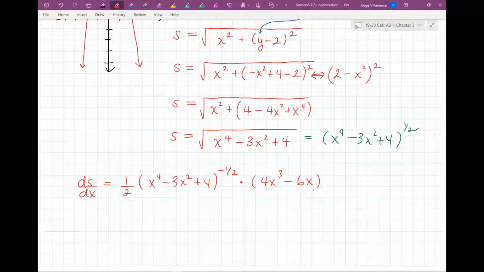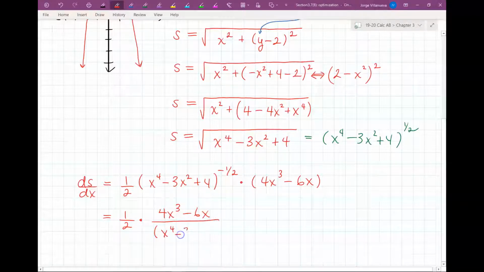Now let me rewrite it because, of course, I got to set it equal to 0. So I have, I'm going to put half times on the top 4x cubed minus 6x over x to the fourth minus 3x squared plus 4, and that's a square root, because that's the negative half power.